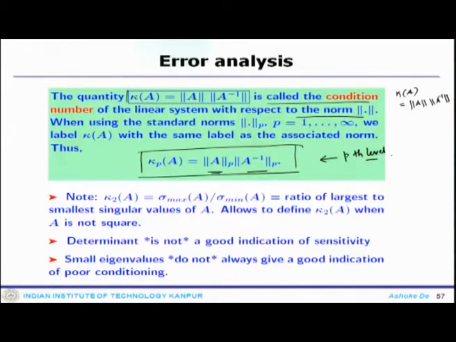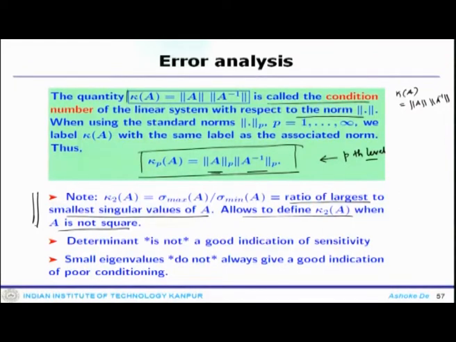Now, one can note here that kappa 2 is the ratio of the largest to the smallest singular values of A. So, it allows us to define the condition number when A is not square. This is a very important note.